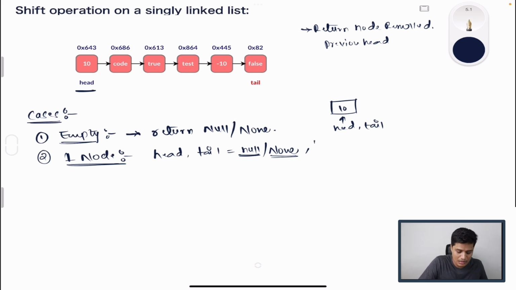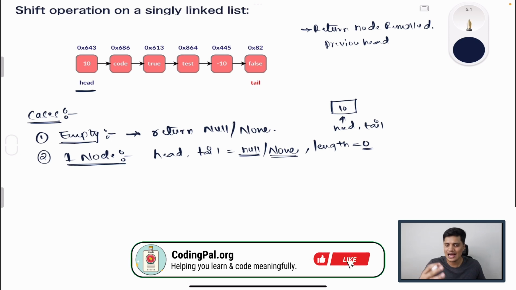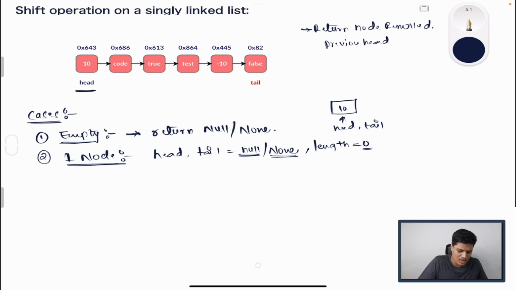Along with assigning, we have to make sure that length is also updated to 0, because whatever the only node that we have, we are deleting that. As a result, the singly linked list becomes empty, which is nothing but length 0. Here, before assigning null, you can actually read the head node, because in the end we have to return the node that we are deleting, right?